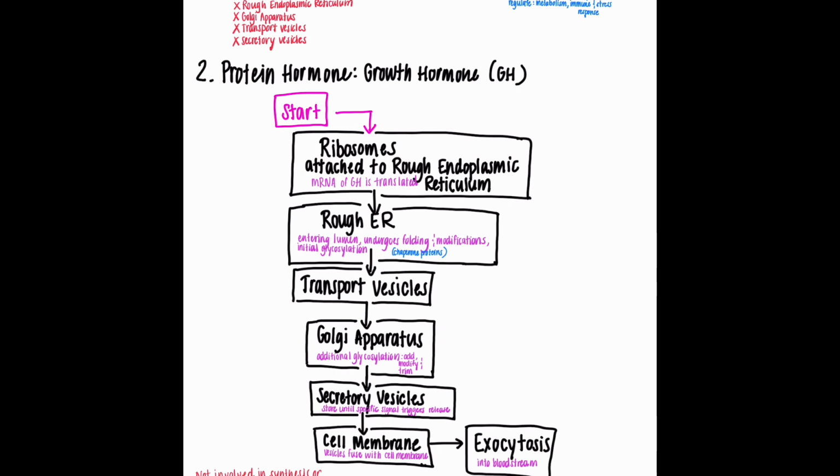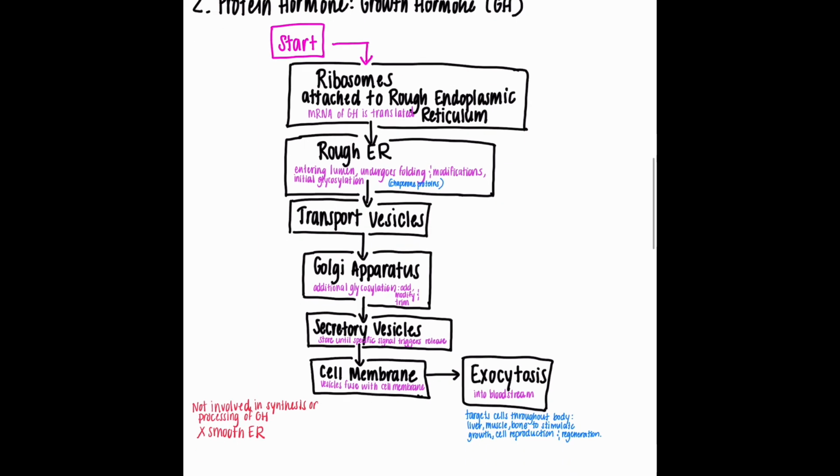Once that trigger is released, the secretory vesicles fuse to the cell membrane and it exocytoses into the bloodstream to target specific tissues such as liver, muscle, bone, and to stimulate cell growth, cell production, and regeneration. And this process does not involve the smooth ER.